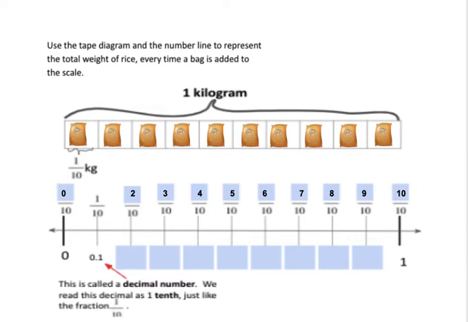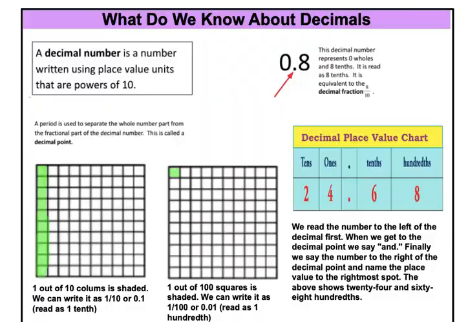And if we're completing this bottom number line, we count by tenths again. So 1 is in the tenths place, so we say 1/10, 2/10, 3/10, 4/10, 5/10, 6/10, 7/10, 8/10, 9/10, and then a whole.